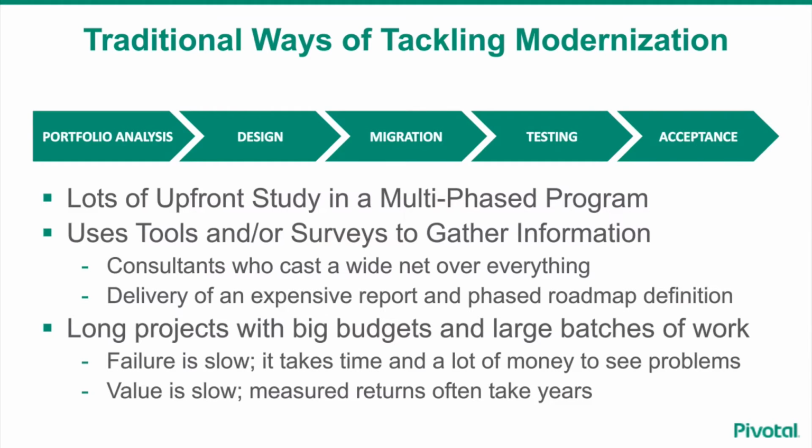And those tend to be long projects. They have big budgets, and the failure is slow. It takes a lot of time and money to see those problems. The value is, of course, also slow. And so that's a little bit more of a waterfall-y sort of approach.